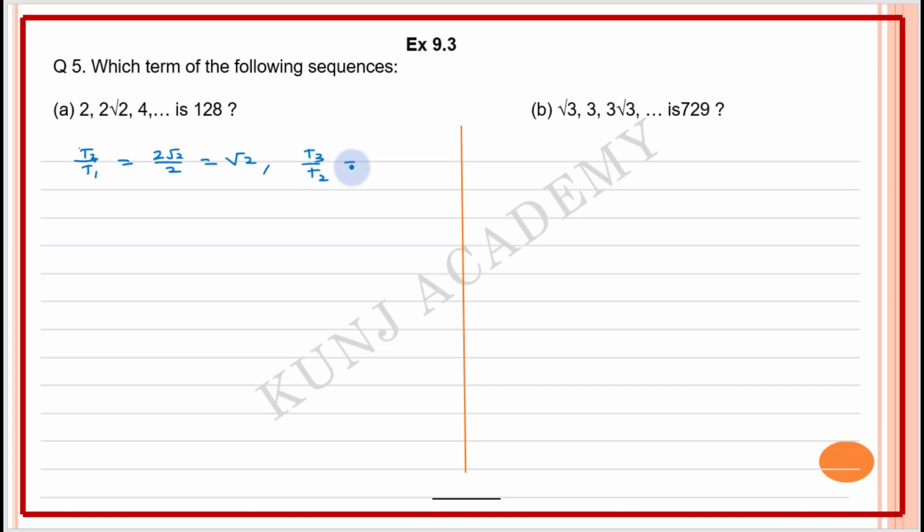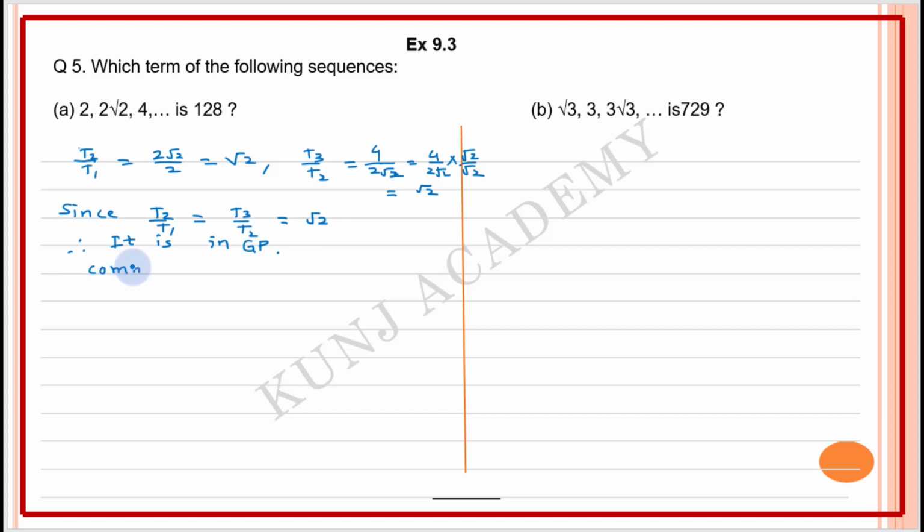T3 upon T2 is 4 upon 2 root 2; multiplying numerator and denominator by root 2, 4 root 2 upon 2 root 2 into root 2, which is equal to root 2. These are equal since T2 upon T1 is equal to T3 upon T2 is equal to root 2. Therefore, it is in GP.